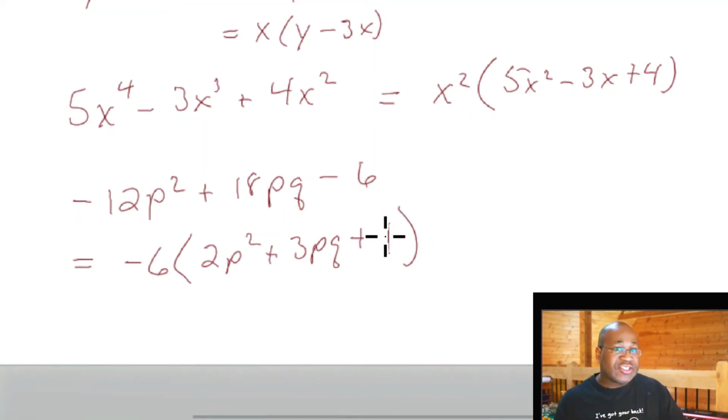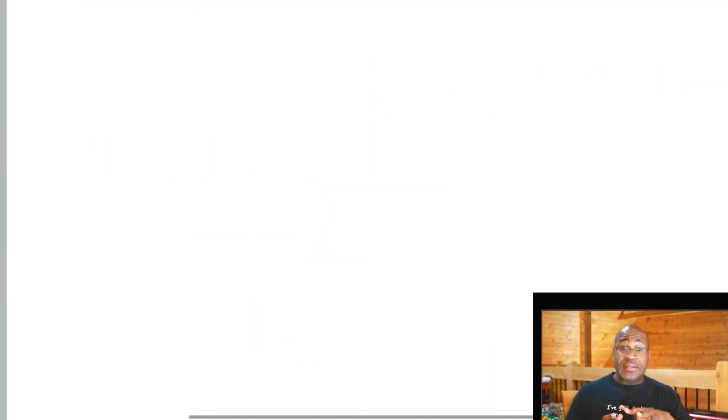It doesn't just disappear. Because remember, when we multiply this back out, we have to have all 3 of those terms accounted for. One other thing that we can do is that a common factor can be a number, it can be a variable, it can even be a combination of numbers and variables.